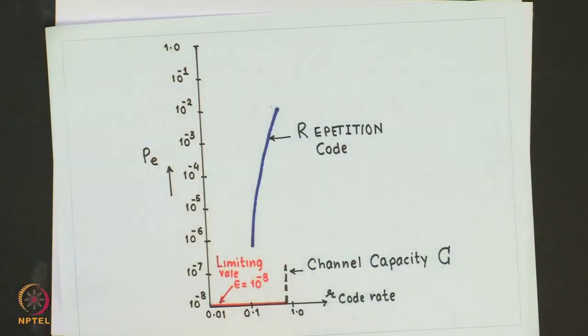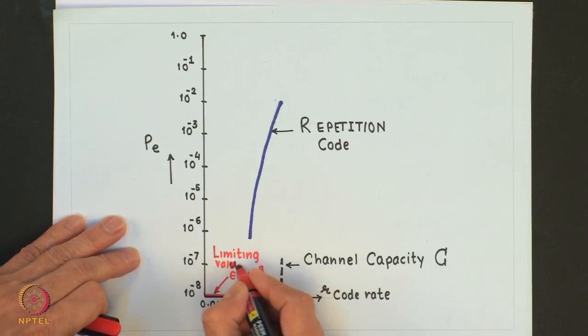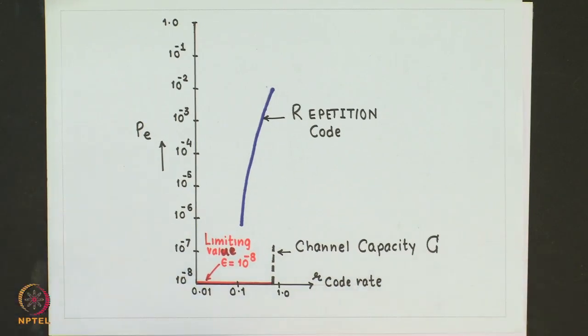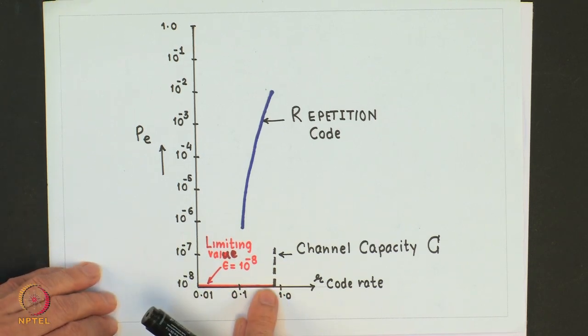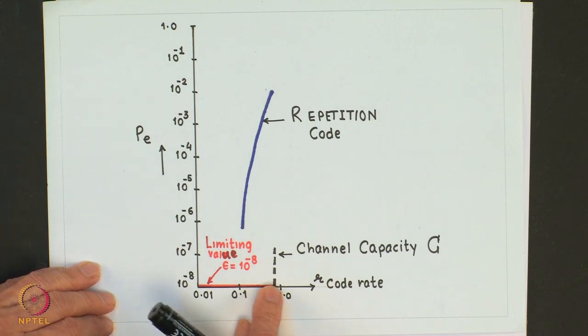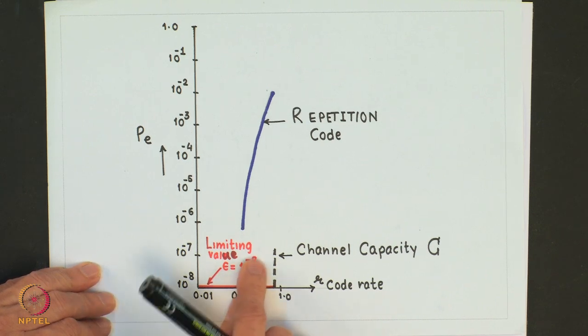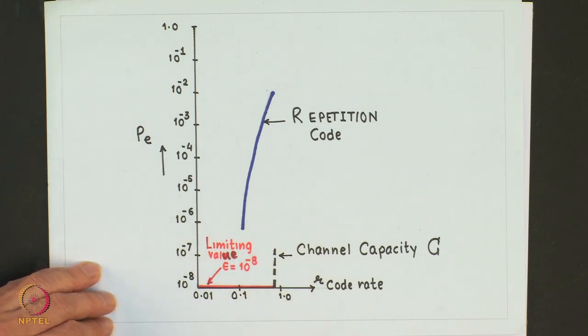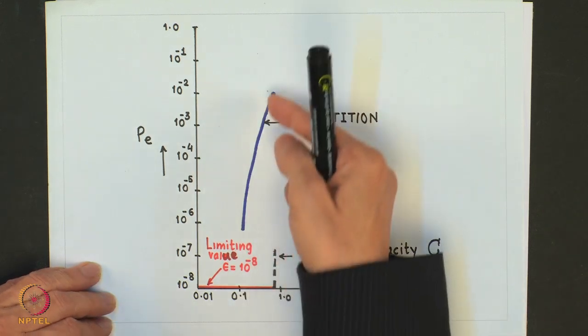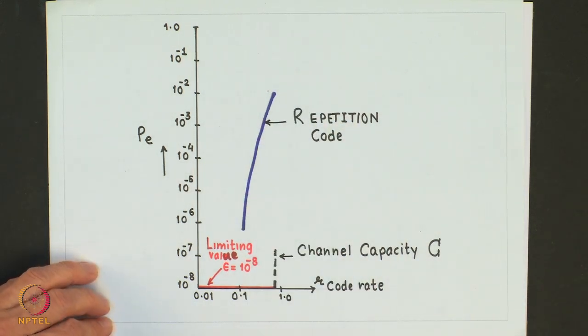So, this is the limiting value. What it says is that there exists a code for a code rate less than 0.9192, which is the capacity of the binary symmetric channel, such that the probability of error would be as small as possible, that is 10 raised to minus 8 in this case. But what I get from the repetition code is this curve.